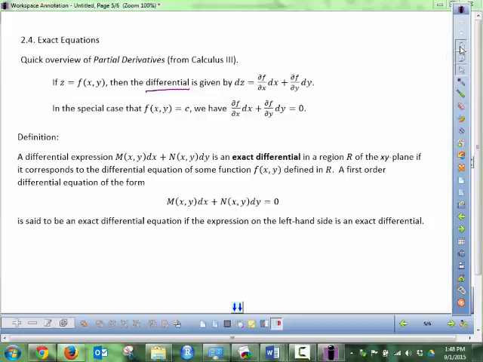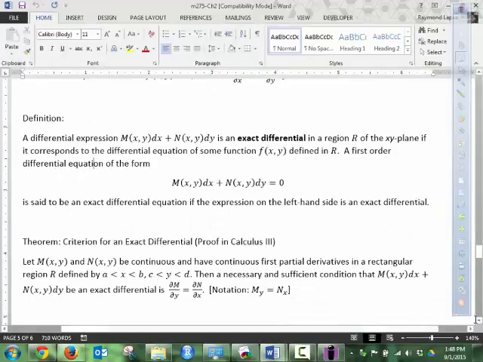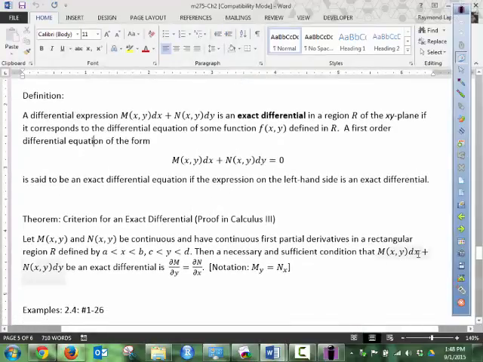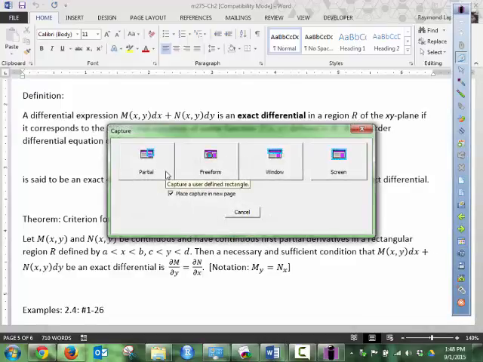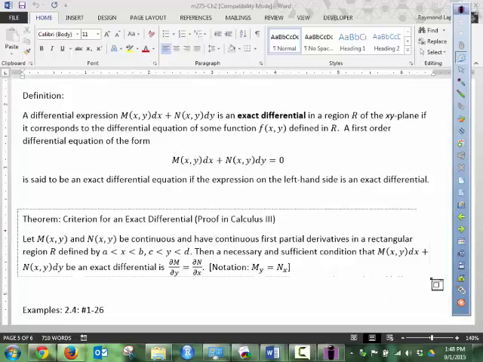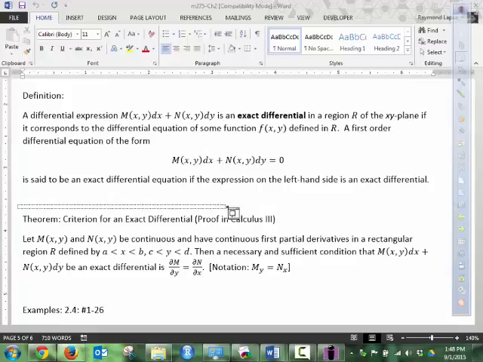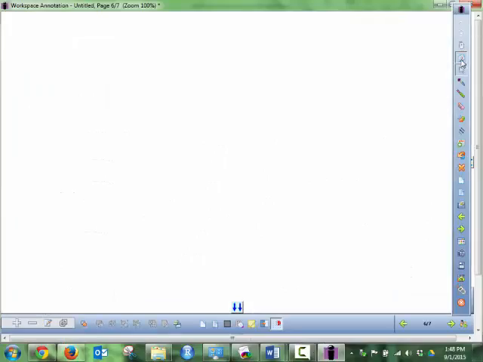So let's take a look at the theorem that we're going to need. And the theorem that we're going to need requires us to do some partial derivatives, which again, the concept is fairly simple, I think.